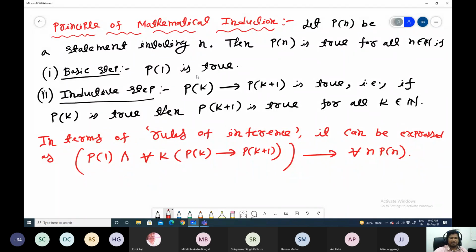It may not be true that if you only start with P1 and then go to some Pk, it will work. It may not work. So in that case, for the basic step, you might need to check P1, P2, P3. We will see some examples of that type. But this is the standard version of the principle of mathematical induction.